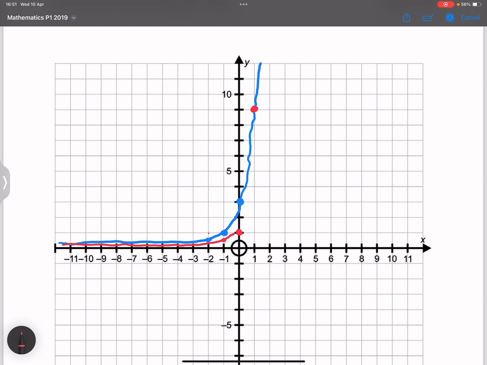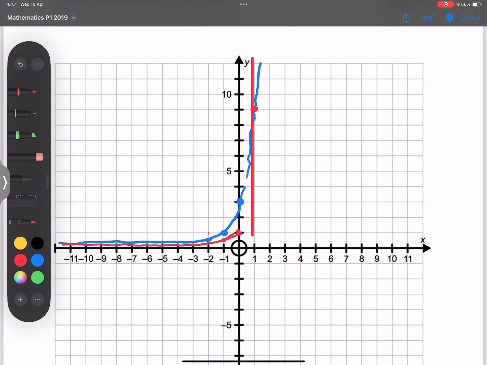I mean, its rate of increase. Okay, let me just draw it nicely there. Its rate of increase would actually be steeper. Sorry about that. It would be steeper than the one for f of x.